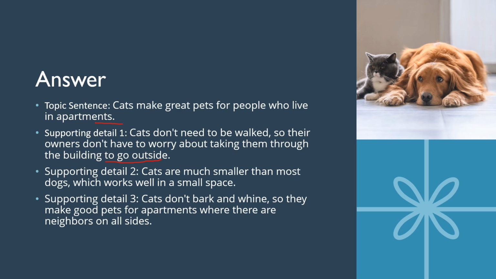The second supporting detail is, cats are much smaller than most dogs, which works well in a small space. And the third supporting detail is, cats don't bark and whine, so they make good pets for apartments where there are neighbors on all sides.